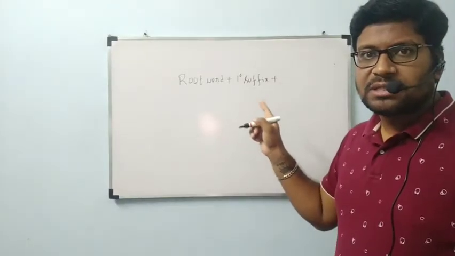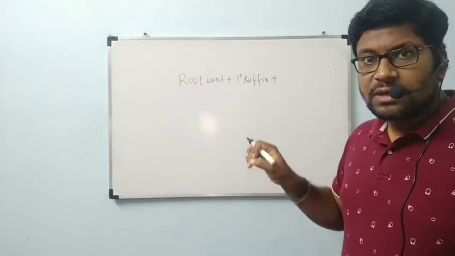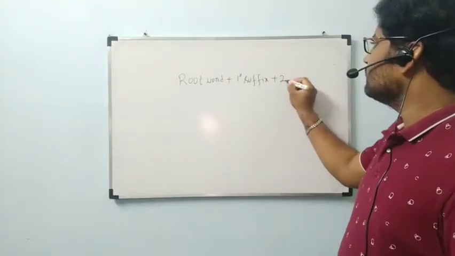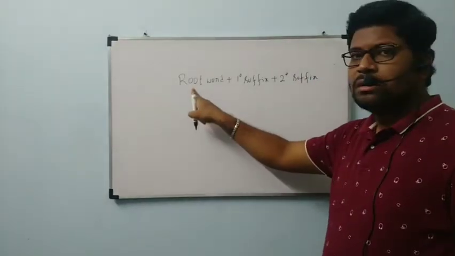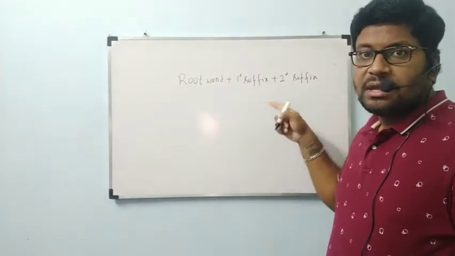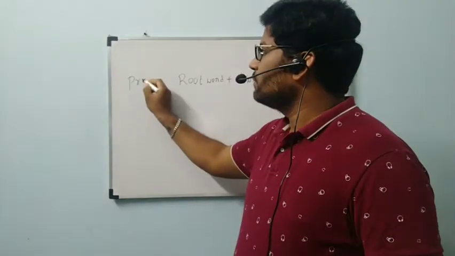We did not get the secondary suffix. Now we are going to discuss functional groups also, so we have to include a secondary suffix. Root word plus primary suffix plus secondary suffix. According to side chain substituents, we will also get a prefix.